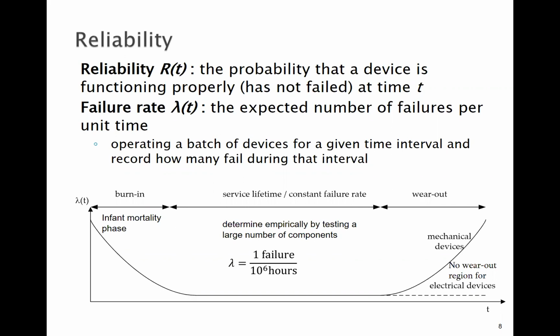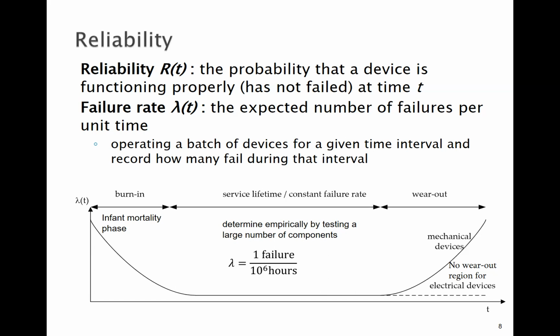We need time to do it. And when we look at the devices, at the bottom you can see the failure rate with time. We have 3 phases here. The first one is the burn-in phase, where we have relatively higher failure rates.